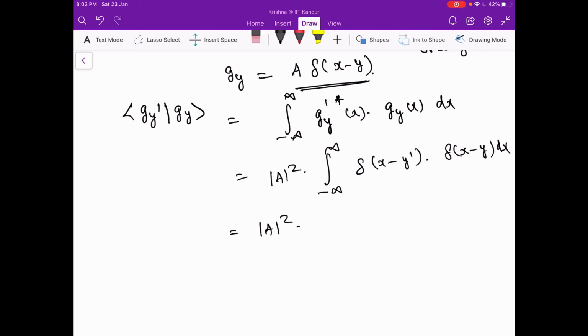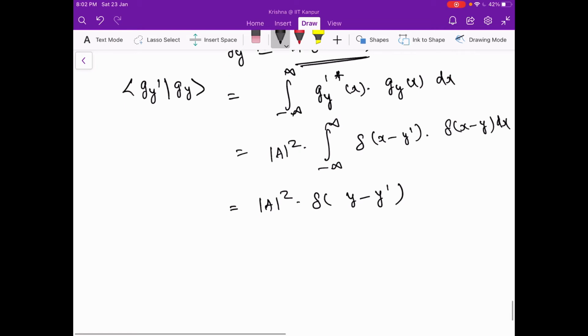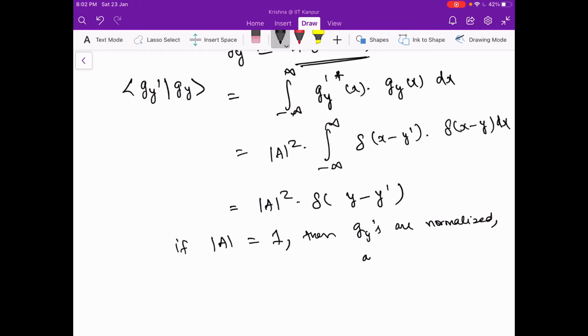This will be true only when you have y equal to y dash, right? The multiplication of two deltas will be non-zero only when both of them are 1, and both of them can be 1 only when y is equal to y dash. And to normalize this, if we have a equal to 1, then the gy's are normalized as well as orthonormal.